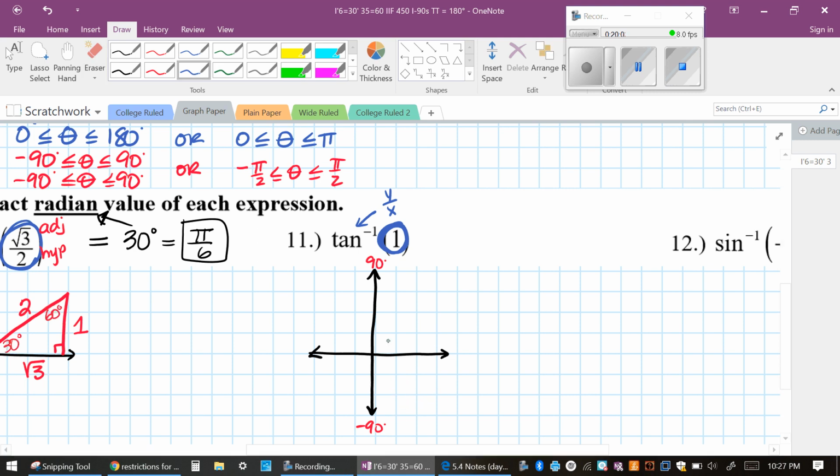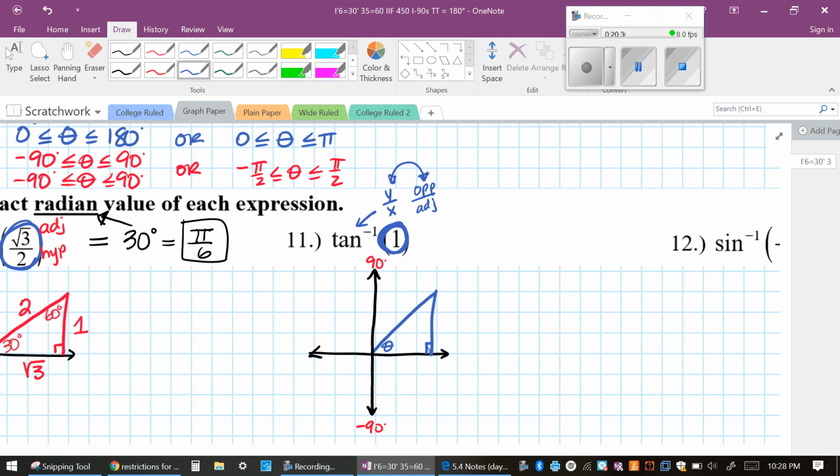You're going to draw your triangle. Here's your reference angle. Tangent is y over x. Also, you know it as opposite over adjacent. You have to be able to go back and forth between these two concepts. Tangent can be seen as sine over cosine. It's the reciprocal of cotangent.